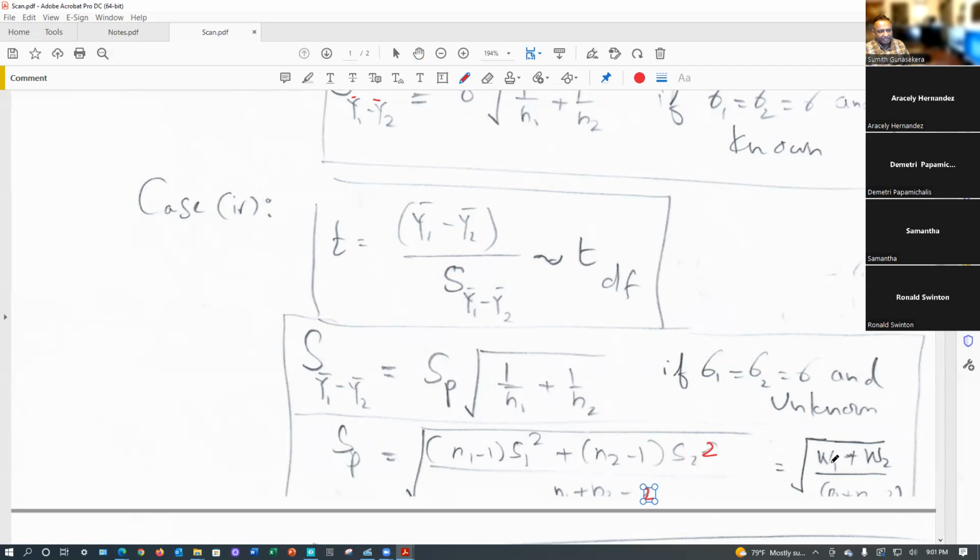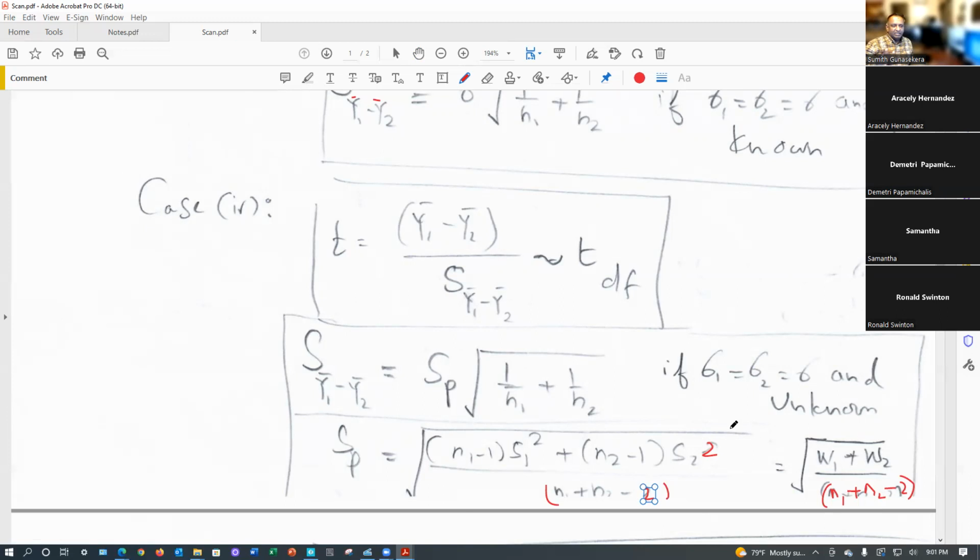Sometimes we're going to call these parts W1 and W2. That's a pooled deviation.